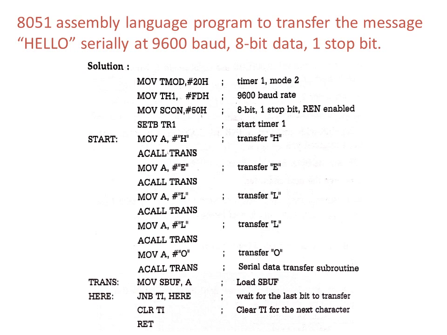Then again MOV A, #'L', the third letter is copied to A, and it will be transmitted. Then MOV A, #'L', L will be copied to the accumulator and transmitted. Then MOV A, #'O', O will be copied to the accumulator, from there to the serial buffer, and it will be transmitted. Whether TI is set or not will be checked, and again it will come back to the original place. So this is the explanation of this particular program.